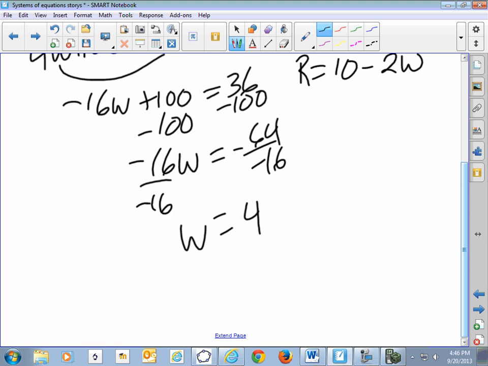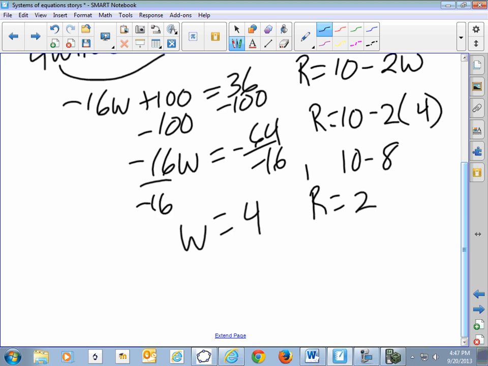Well, for a room I get paid 10 minus 2 of those. So for a room I get paid $2.